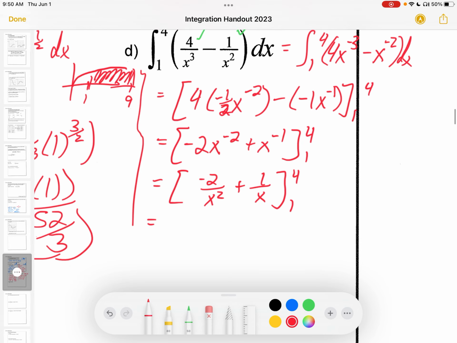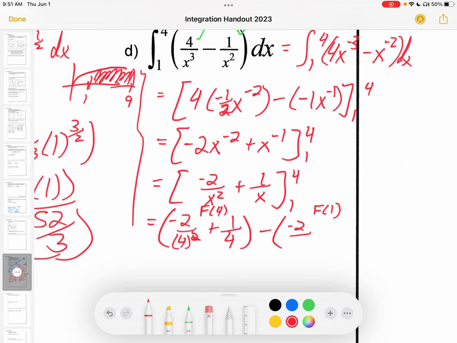Let's put in 4. You'd have -2 over 4 squared plus 1 over 4. That's big F of 4 minus big F of 1. Okay, so that's -2 over 1 squared plus 1 over 1.